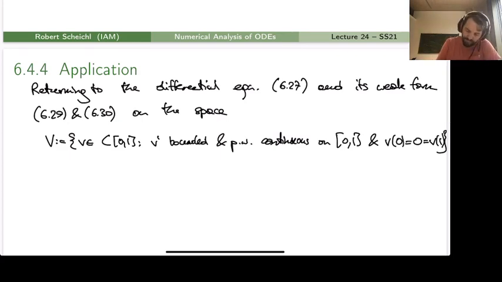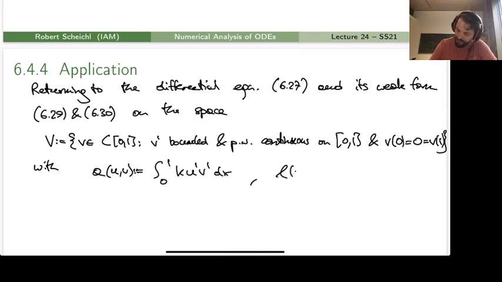Okay, and just to make it clear again what our bilinear form is, our bilinear form was the integral from 0 to 1 of k u prime v prime dx, and our right hand side functional was the integral from 0 to 1 of f v dx.